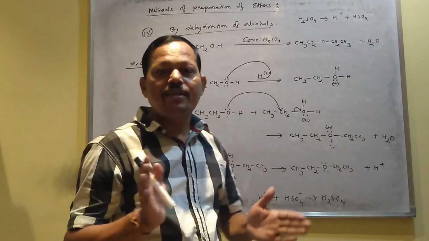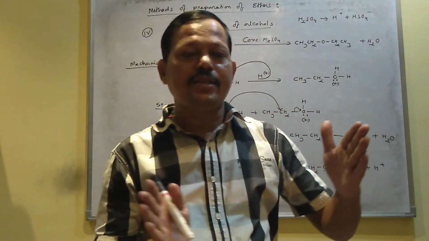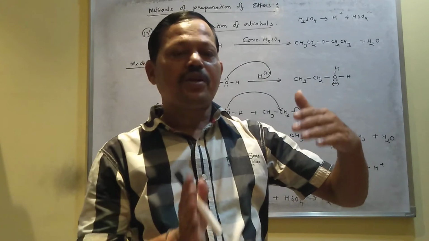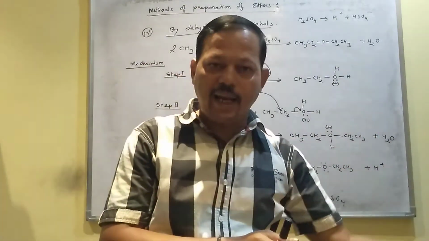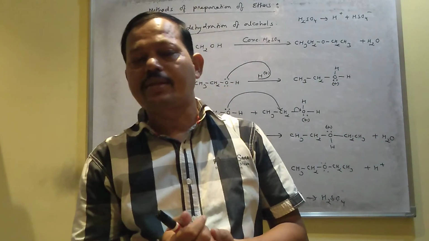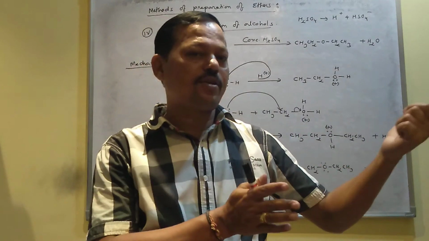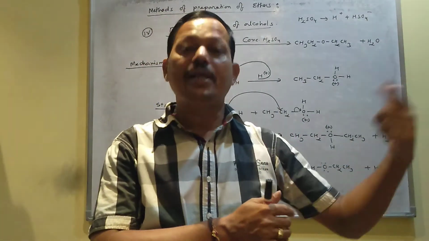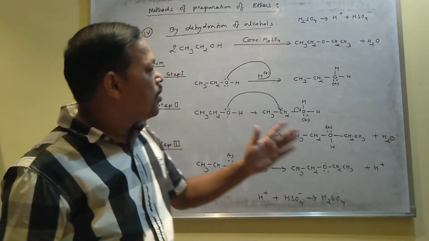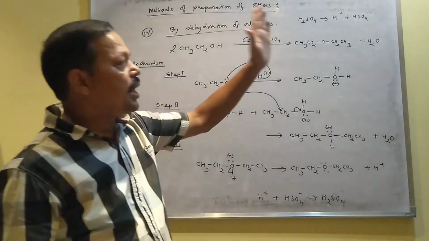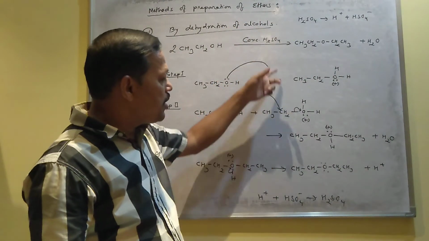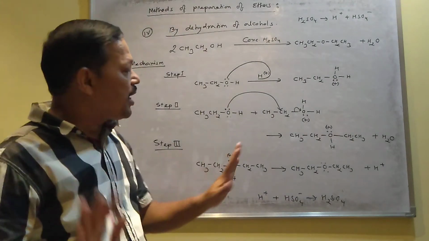A question may be asked like: write the mechanism of dehydration of alcohol to get alkene, or write the mechanism of dehydration of alcohol to get ether. So whether you want to prepare alkene or ether, based on that you have to choose the mechanism. Both mechanisms I have given.